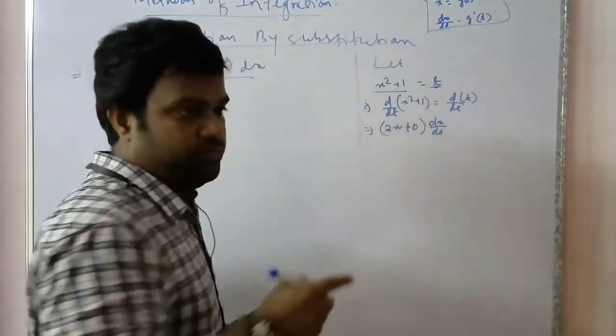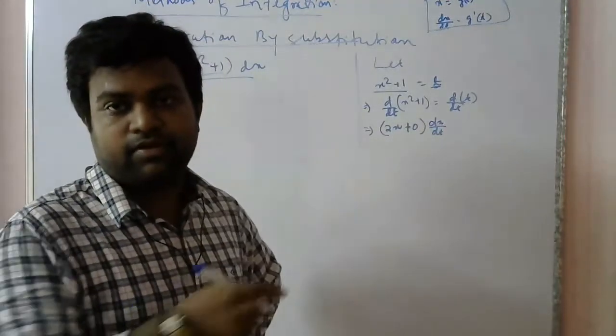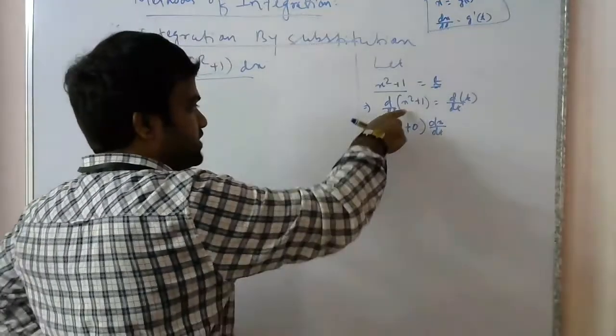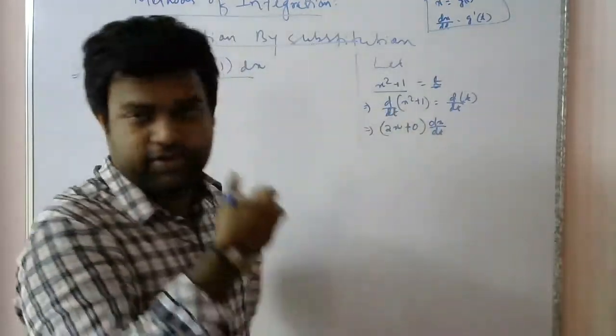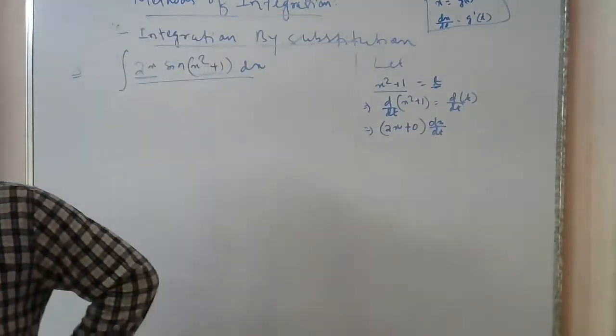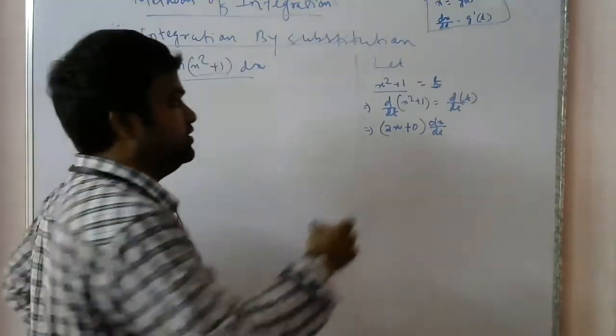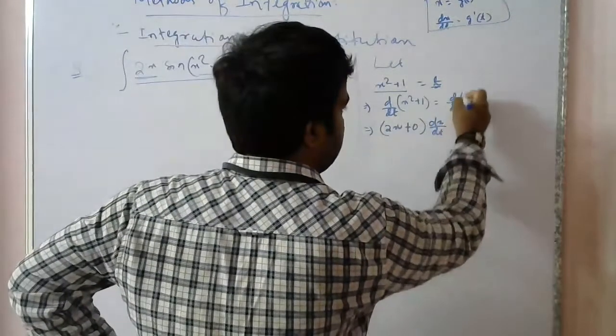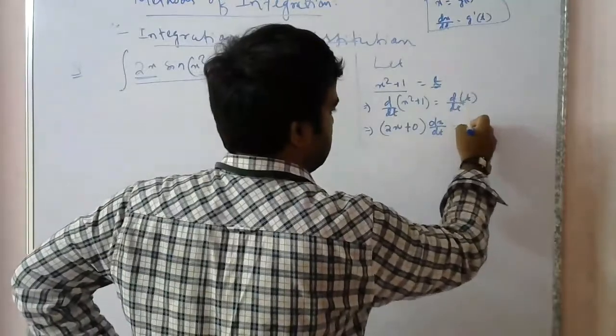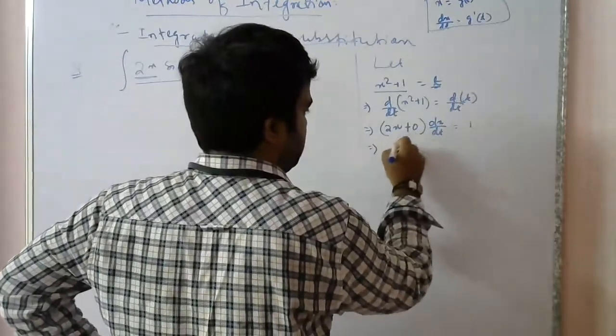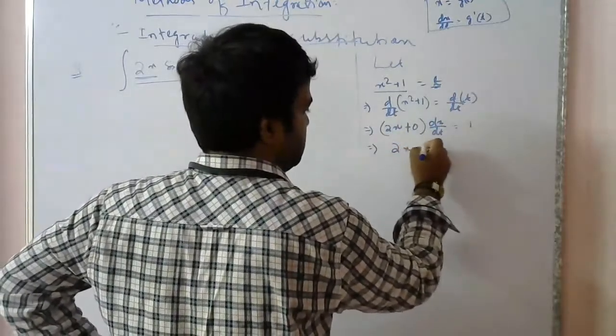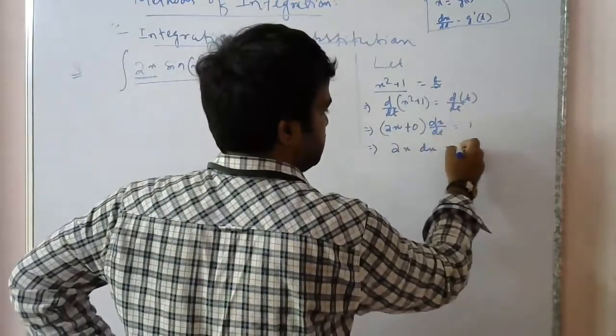But if it is a function of x and we are differentiating with respect to another variable, then the dx upon dt term will come, and on the right side d upon dt of t is 1. So you can write here 2x dx is equal to dt.